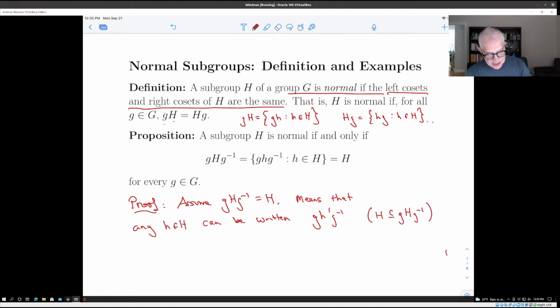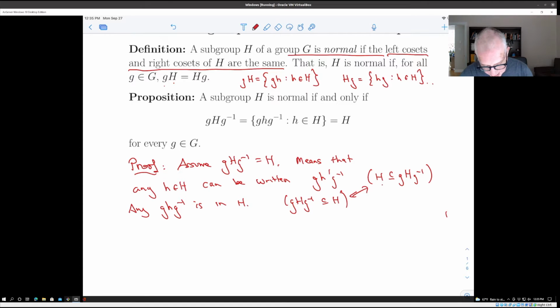So any h in here can be written in the form gh'g inverse, which tells you that you're in here. And similarly, any ghg inverse is in H. That's the assertion that gHg inverse is contained in H. And these two things together say that the sets are equal.